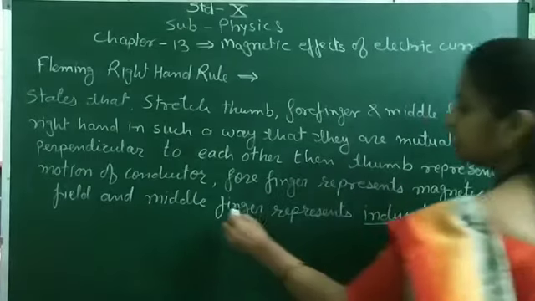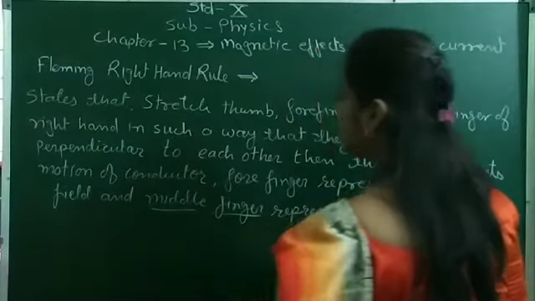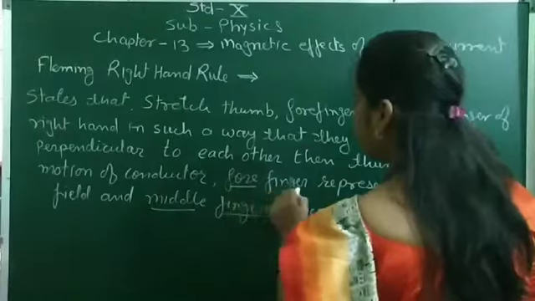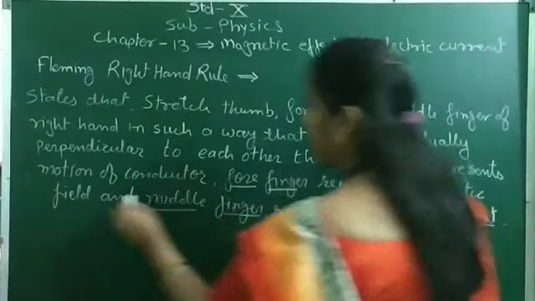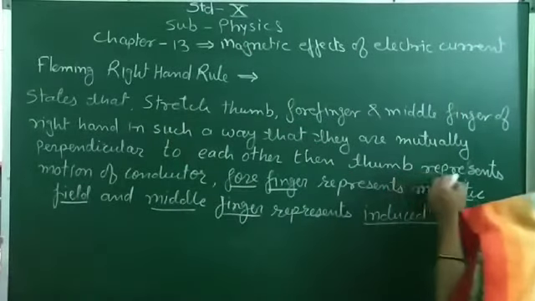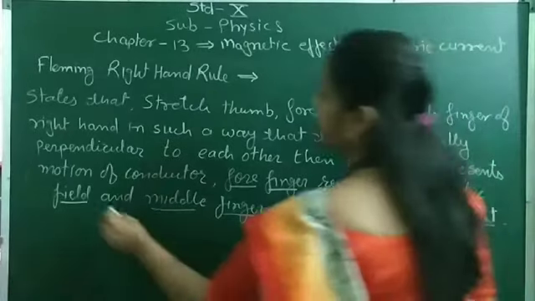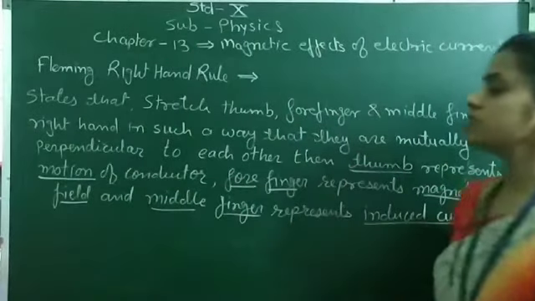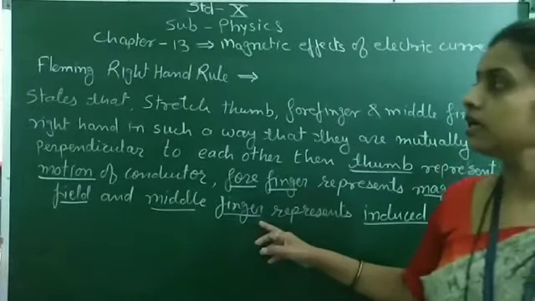So middle finger represents induced current, forefinger represents magnetic field, and thumb represents motion or force on a conductor.